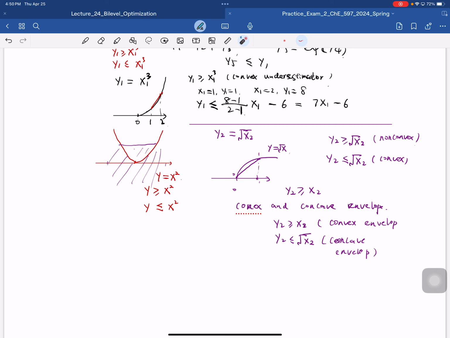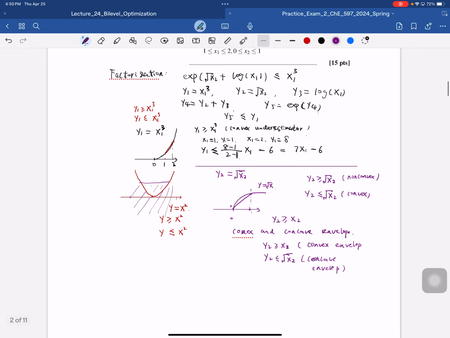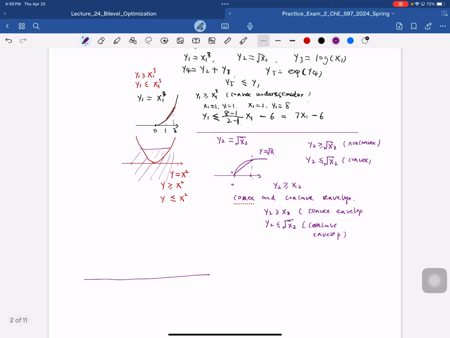Right? So if you consider, let's say, this function, y equals square root of x, and x is from 0 to 1 here, right? If you just consider x defined on 0 to 1, what is the epigraph of this function? That will be this region here, right?